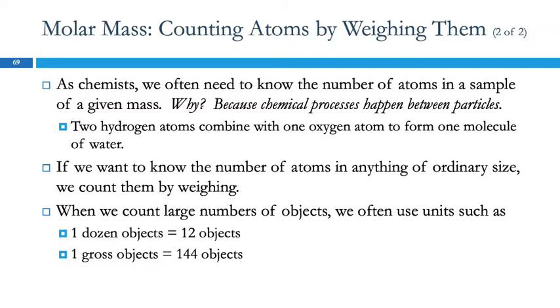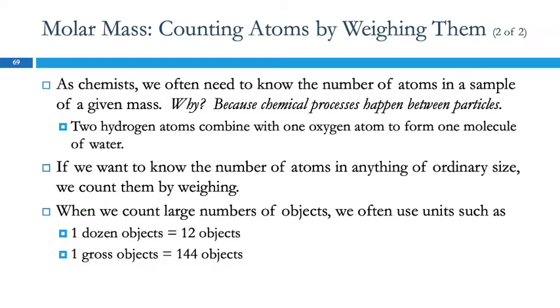We often need to know the number of atoms in a sample. The mass of a sample generally is pretty easy to determine, but the number of atoms in there, you can't count them. Why do we care about the number? Because chemical reactions happen between individual particles.